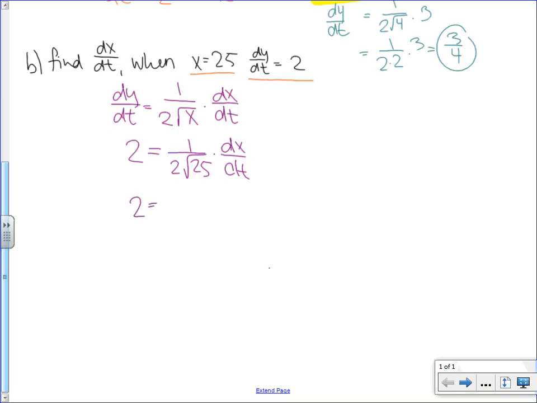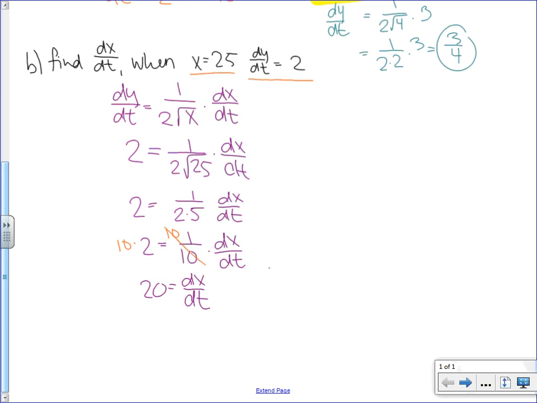Well, this is going to become 2 equals 1/2 times 5 times dx/dt. So that's 2 is equal to 1/10 dx/dt. And to get dx/dt by itself, you either divide by 1/10 or multiply both sides by 10. It's the same thing. So either way, you're going to get that 20 is equal to dx/dt. And that is that. That's number 1.